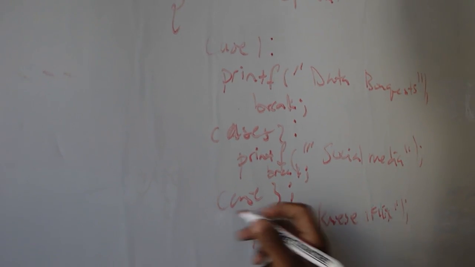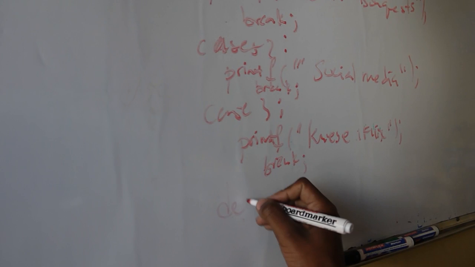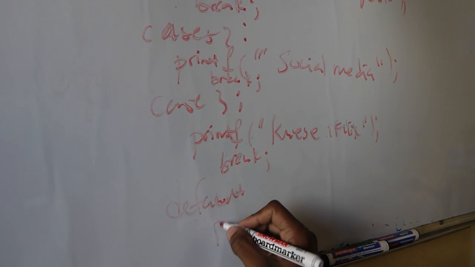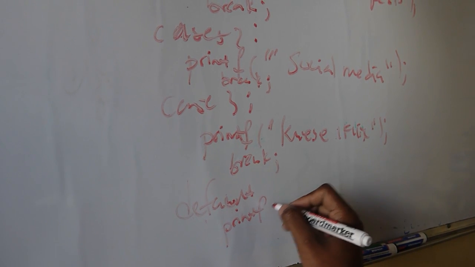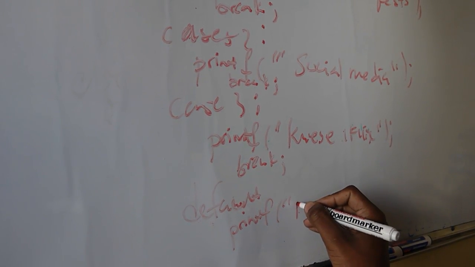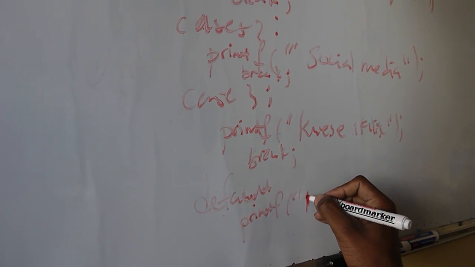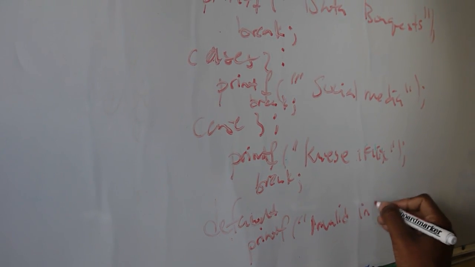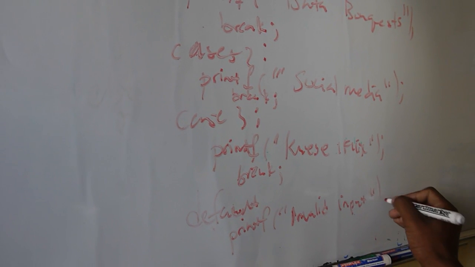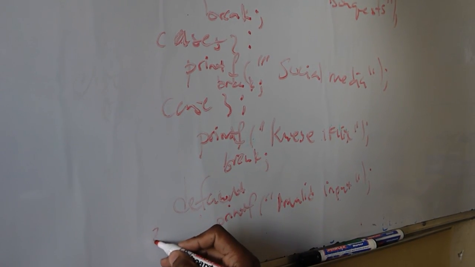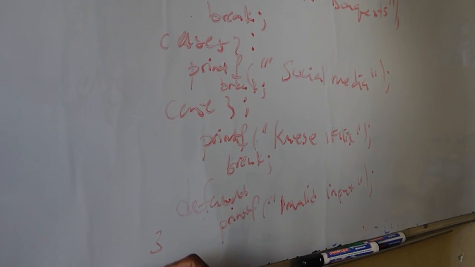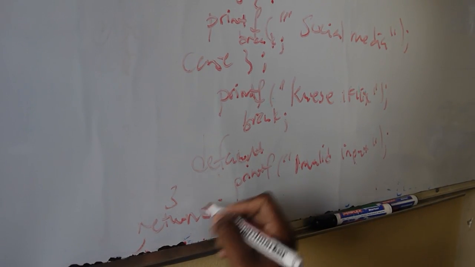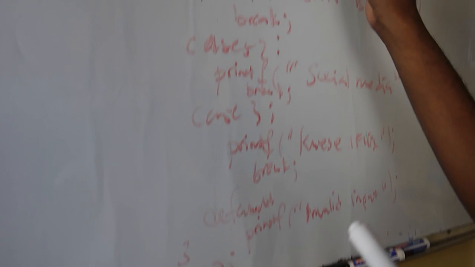So I will just end on case 3. Then default will be printf unavailable or invalid input. Then I close my switch and return 0. Thank you, viewers, for your time.